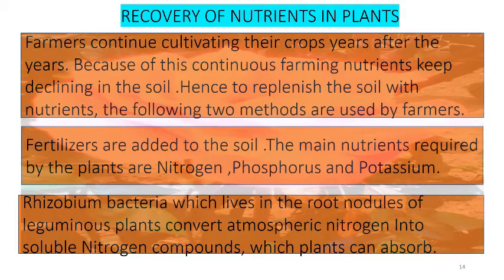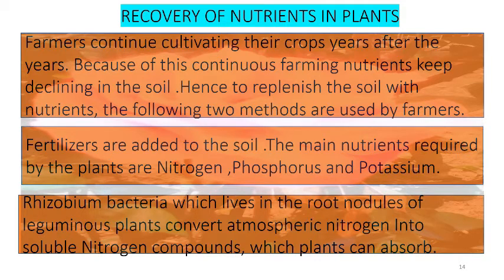And when crop plants are grown in the same field again and again, the soil becomes deficient in plant nutrients like nitrogen, phosphorus and potassium. Due to this, plant nutrients need to be added from time to time to enrich the soil and restore its fertility.